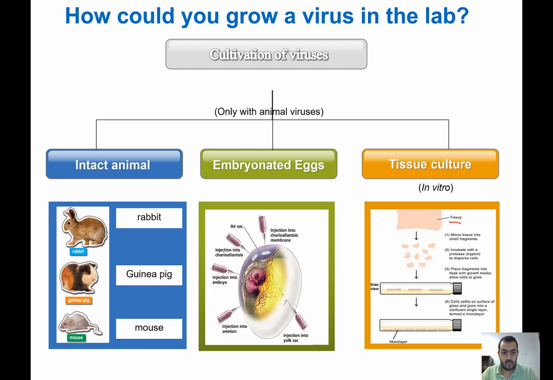Okay, so which one of the three approaches do you think is the best? With the intact animal, as you can see, there is a possibility that if you are interested in a virus that causes a severe disease, it may lead to the death of the animal at the end. And obviously, this is not preferable.